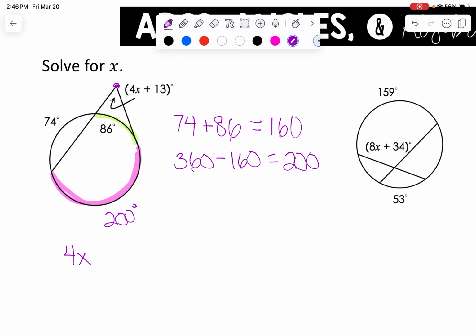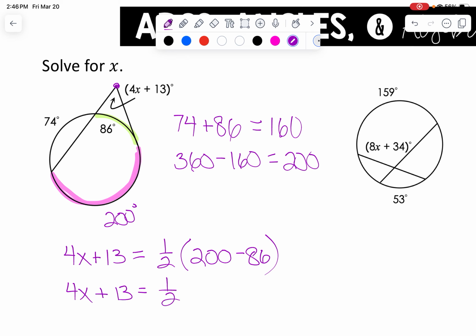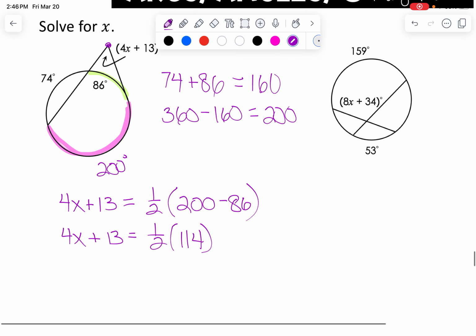Now I know the angle. In this case, the angle is 4x plus 13. That is equal to 1/2 times the big minus small. Well, that's 114, and half of that is going to give me 57.